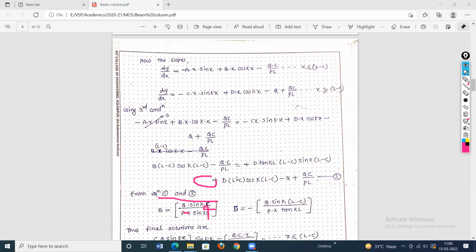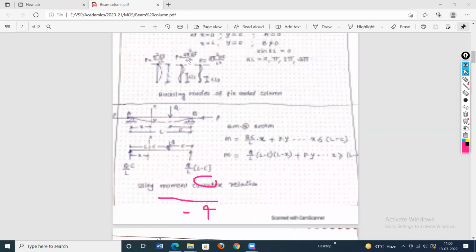The solution consists of constants A, B, C, D, or sometimes only A and B. Using boundary conditions, determine the constants, then substitute in the Y equation to get a general equation for Y in terms of X. In this way, the structure is to be analyzed.